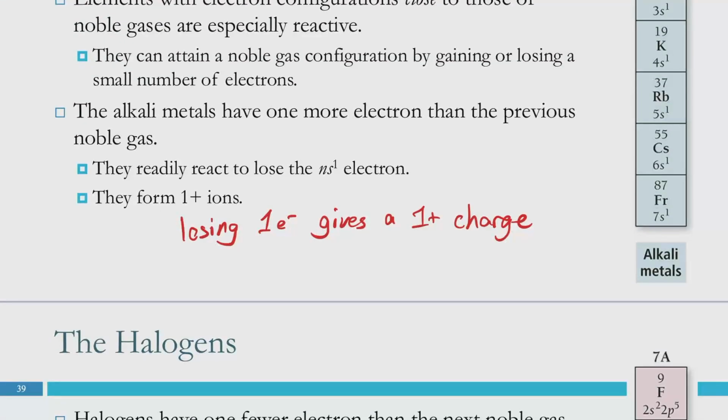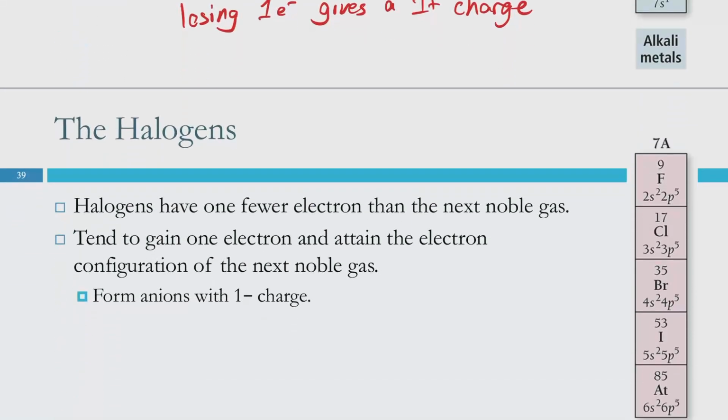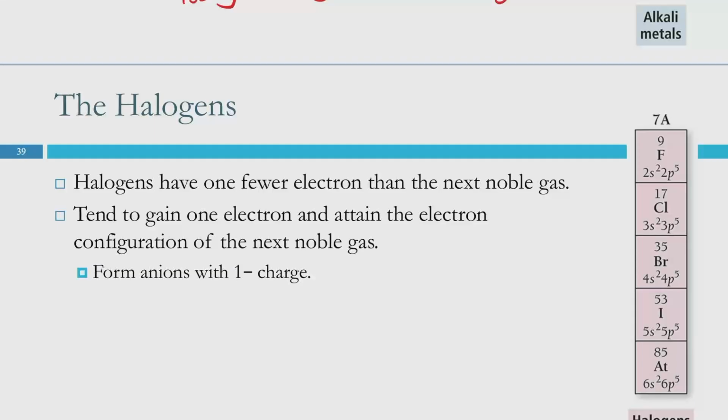On the other side of the periodic table are halogens, right next to the noble gases as well. These are 1 electron away from a noble gas. They just need to gain 1 electron. And gaining 1 electron, like losing 1 electron, is also not especially hard.